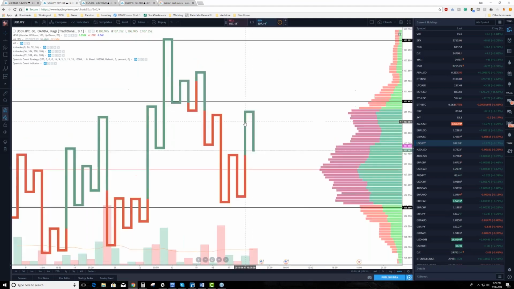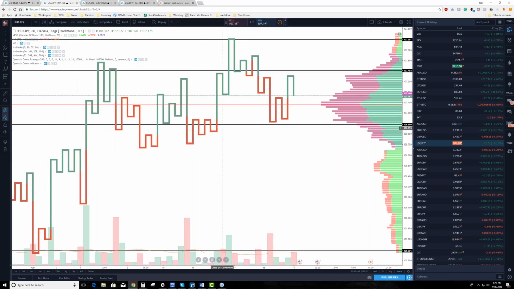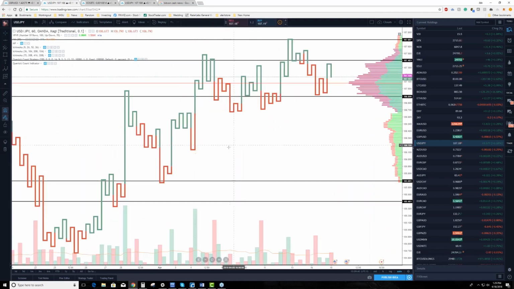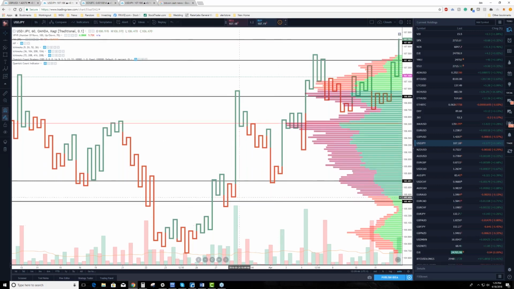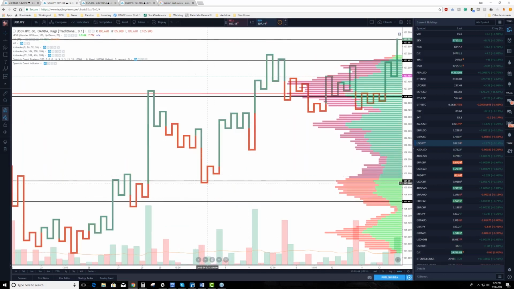So Gann swing charts let us know when to take a long position or a short position after a trend. So if we look over here, we see that we had a waist to shoulder form here, and then once price crossed above that, we turned green, and that was our entry signal.